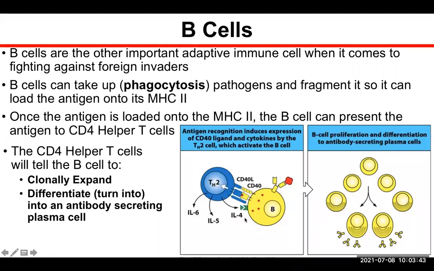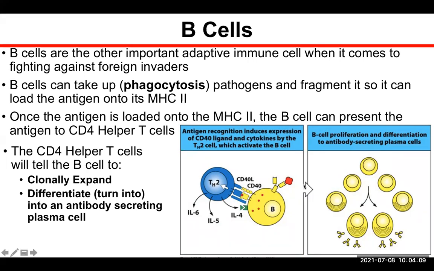Once this interaction occurs, it's going to communicate with the B cell to do 2 main things. One, just like the T cells, it's going to cause it to clonally expand, because the T cell receptor is TCR, and the B cell receptor are these antibodies. And these antibodies, just like the T cells, only recognize one specific thing.